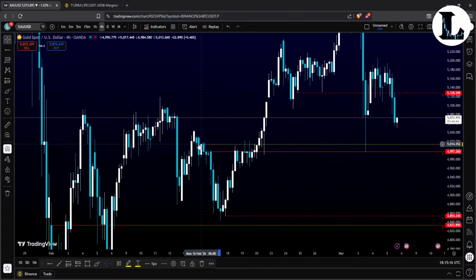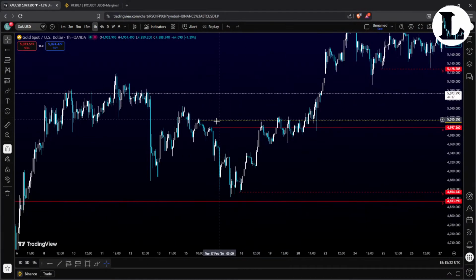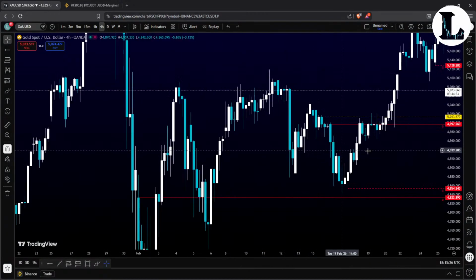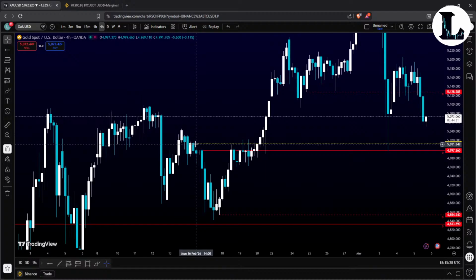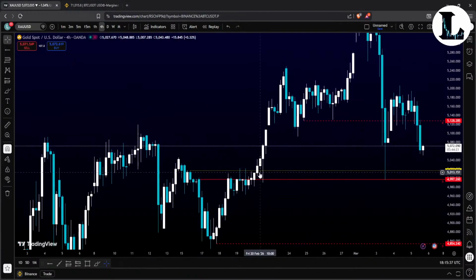1, 2. Let me actually find that on a 1 hour to check. Yeah, this level is better. So you can see what happens in a liquidity level. The price rejects 1 time, 2 times. It has a big bounce after breaking that.